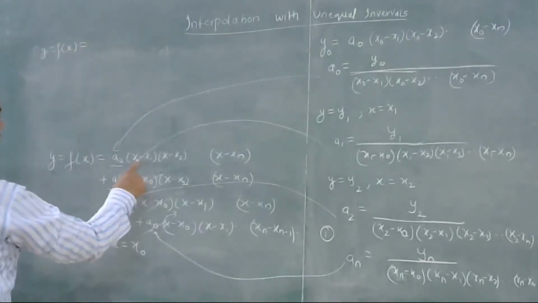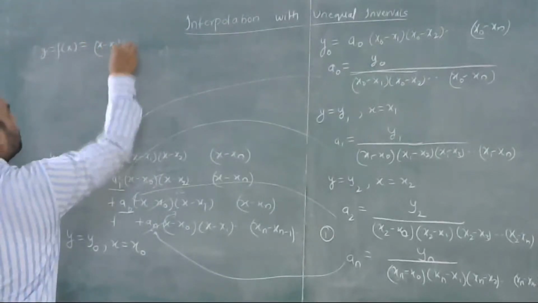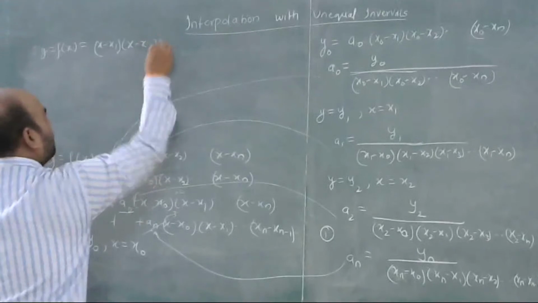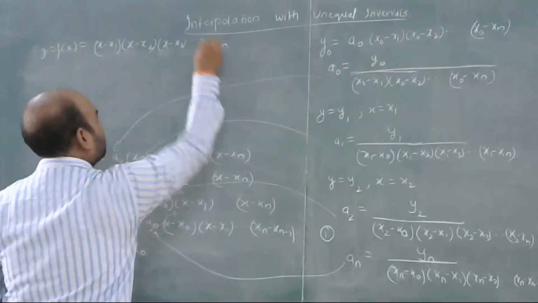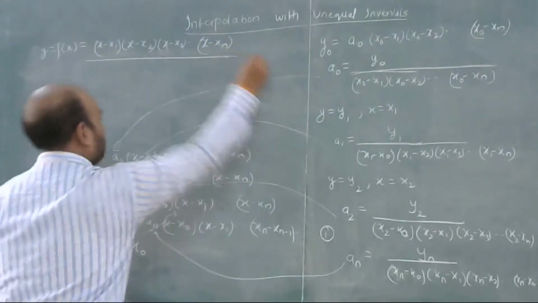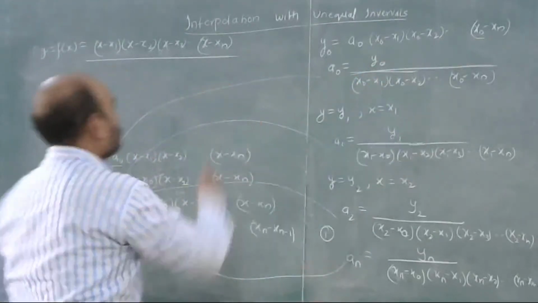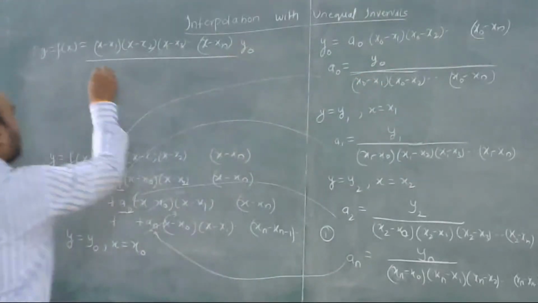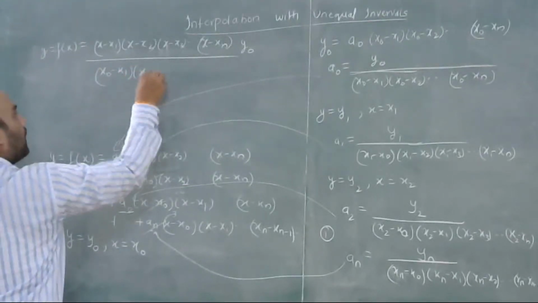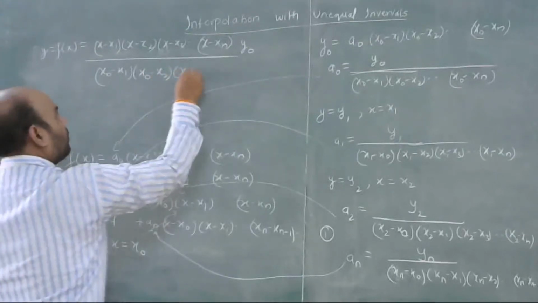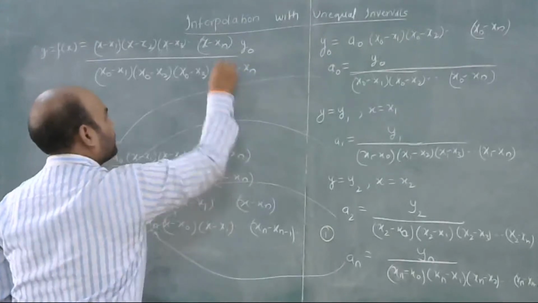So this is (x minus x1)(x minus x2)(x minus x3) up to (x minus xn). Okay. So this is the term. And what is a0? a0 is y0 upon this. So this will be y0 divided by (x0 minus x1)(x0 minus x2)(x0 minus x3), that is up to (x0 minus xn).